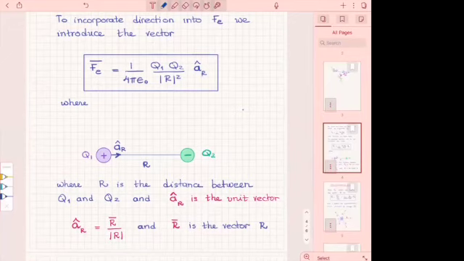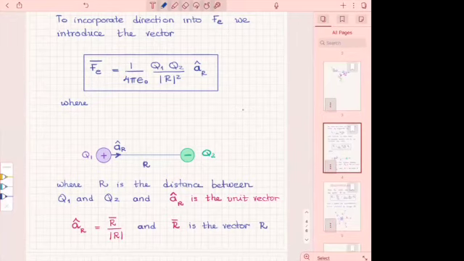So you have Q1 and Q2. For now, assume that Q3 is not there because superposition applies, all right? So the other thing, you remember superposition? Superposition applies on electric fields and on forces.